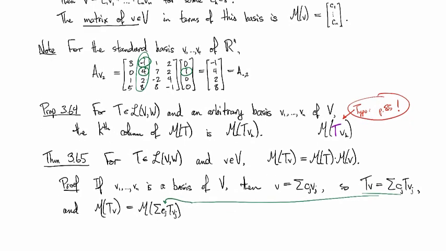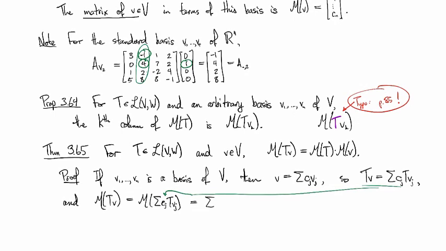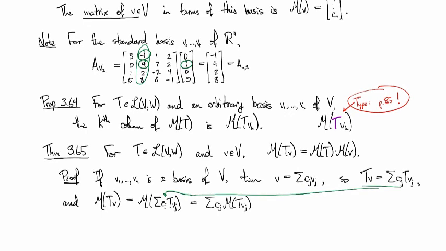And now we've seen before that M is linear, so I can push the M through. So I have cj and then the matrix of T vj.